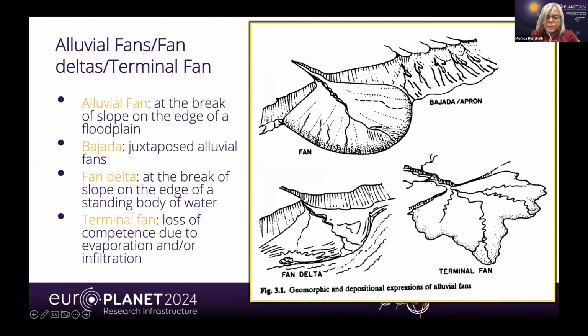Another kind of alluvial fan, which is a little bit peculiar, is the terminal fan. In this case, the loss of competence is not related to a change in the slope, but simply to loss of water by evaporation and infiltration.